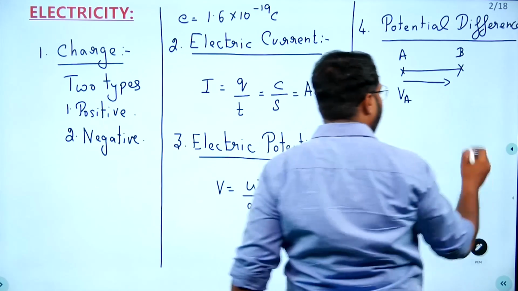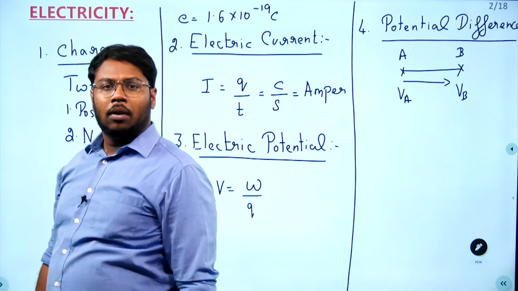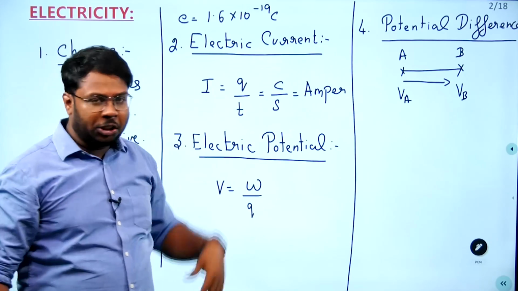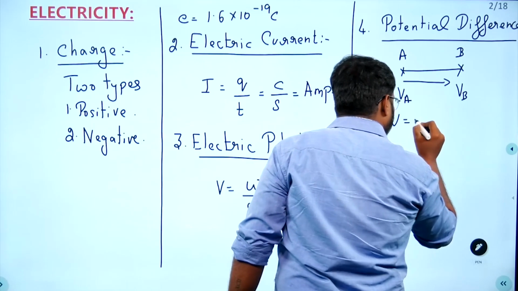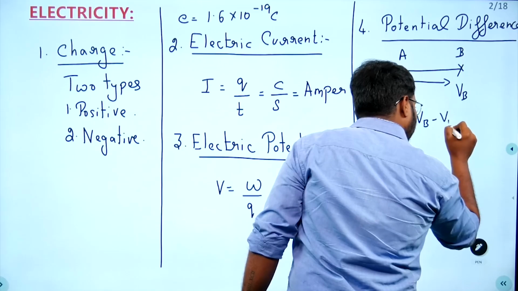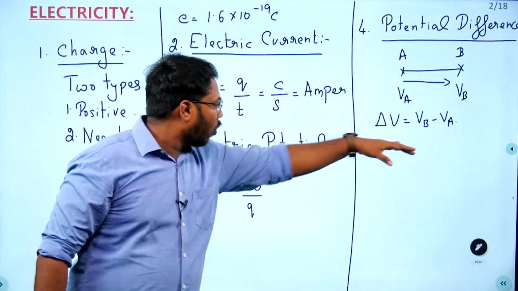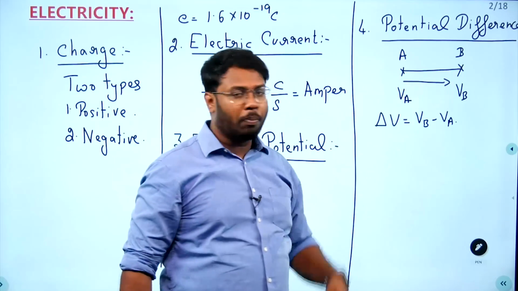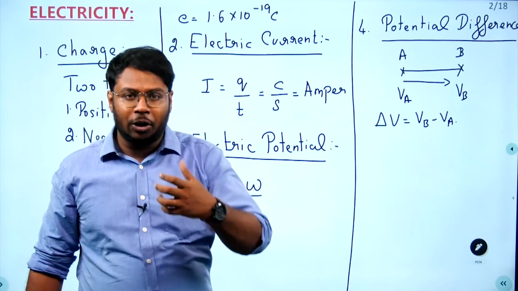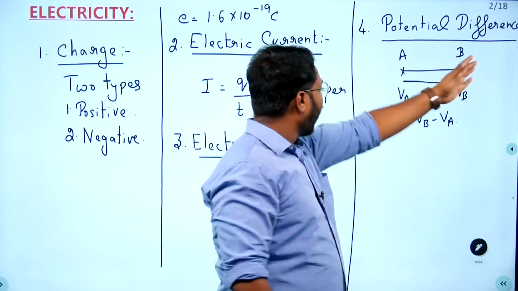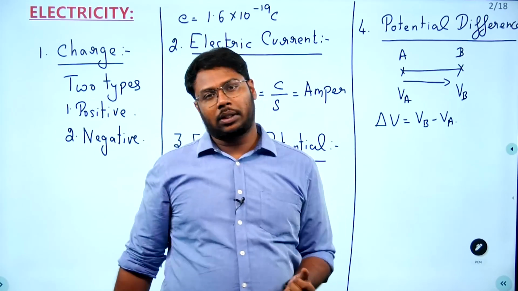Similarly, I will also find the electric potential at point B, which is VB. Now, this being a potential difference, I will take the difference of these two, VB minus VA. This is the potential difference between these two points, which basically tells you the amount of work that you have to do to move it from A to B. That is what it means.